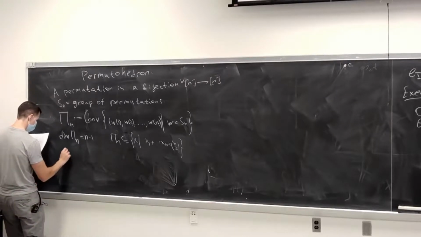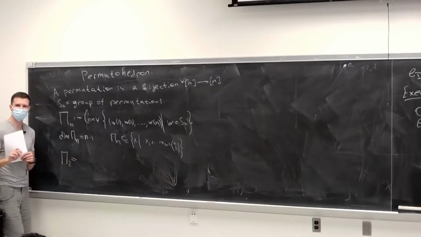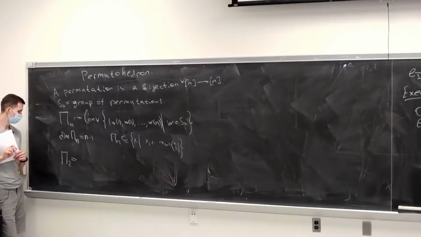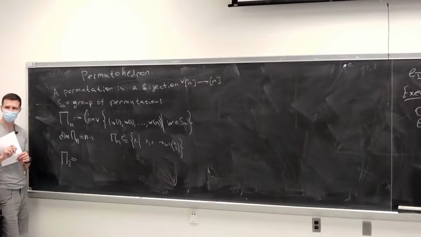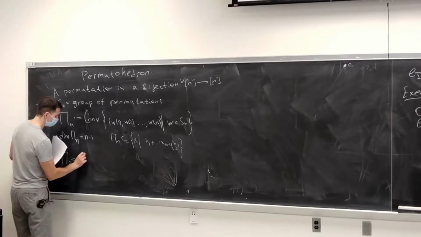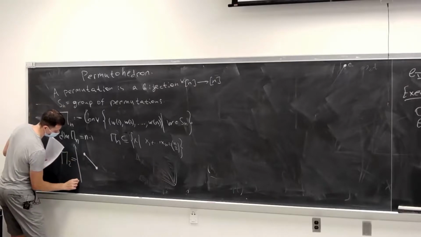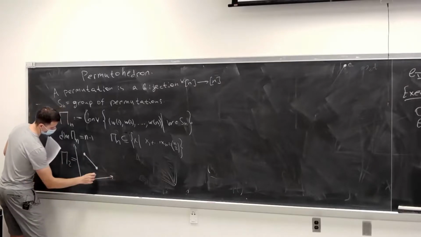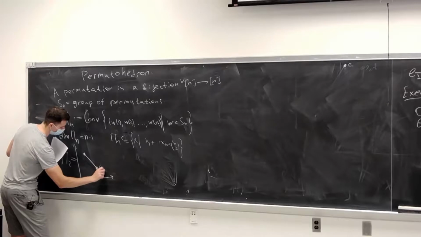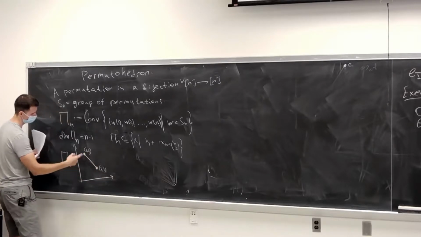All right. So maybe I should try to draw some examples. Almost out of time, but what is Π_2? It's a line. Yeah, it looks like this. If I draw it in coordinates, then this point is (2, 1) and this is (1, 2). These are the two permutations, so you get a line segment like this.